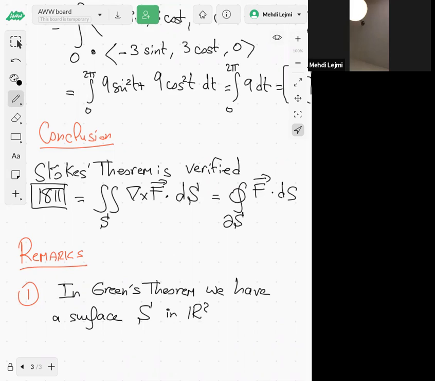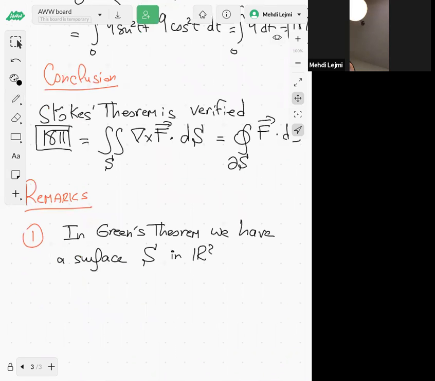Now, if you see this surface S as a surface in the space, in R3, then what will be the normal vector?